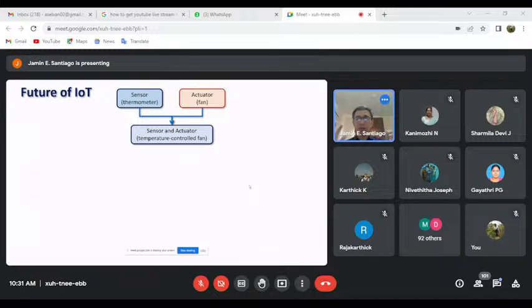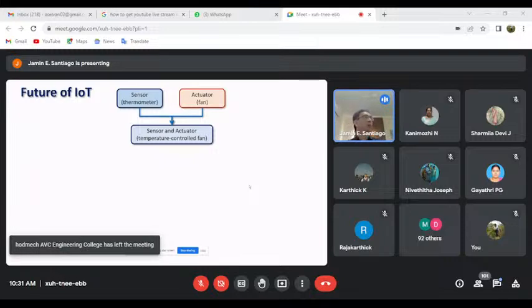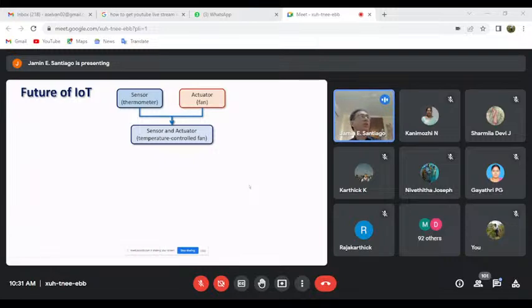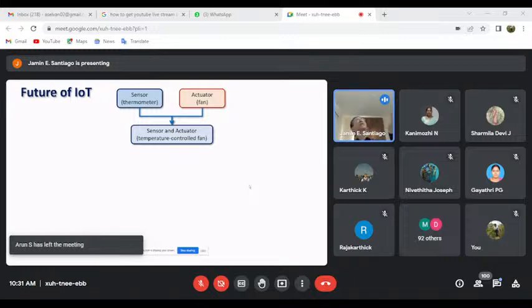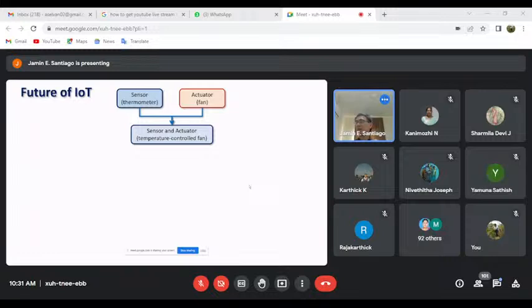So think about all the devices that we have around us. So even inside our room, what are the devices that is only an actuator? It has no sensor. The light is only an actuator, it has no sensor. My water heater is only an actuator, it has no sensor.